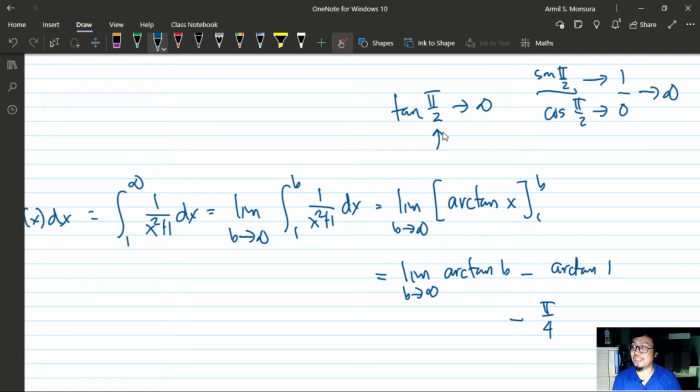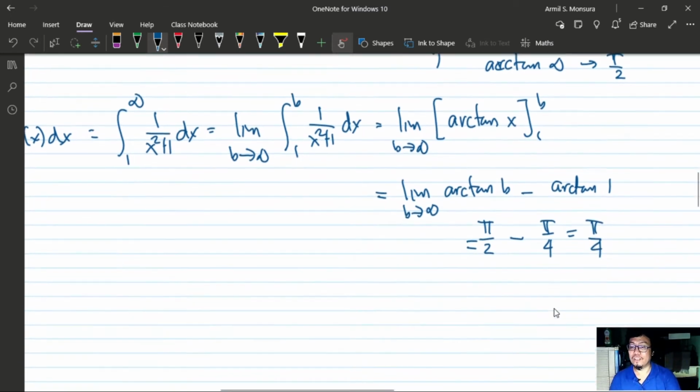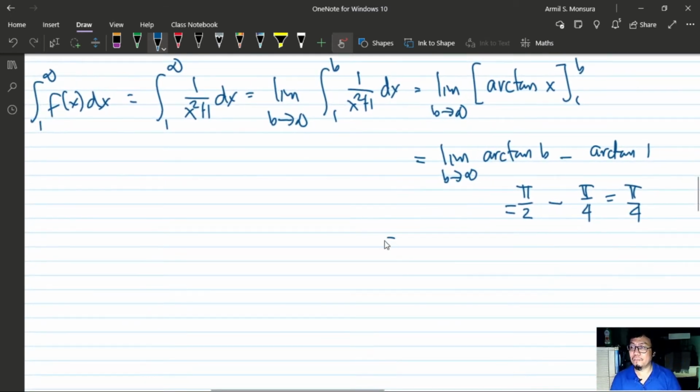Therefore, tangent of pi over 2 approaches infinity, so its inverse, the arctangent of a very large number, approaches pi over 2. So this limit evaluates to pi over 2, and pi over 2 minus pi over 4 is simply pi over 4.